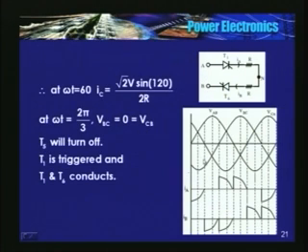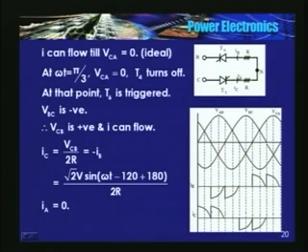T5 has to turn off at this point, because in this direction, for current to flow in this way, C should be at a higher potential than B. So that means VCB should be positive. So when it is 0, T5 turns off. Where does it become 0? At this point it becomes 0. So at that point IC or T5 turns off.